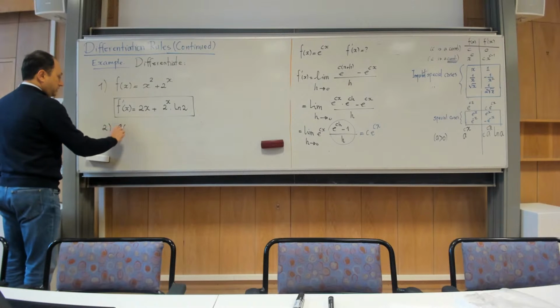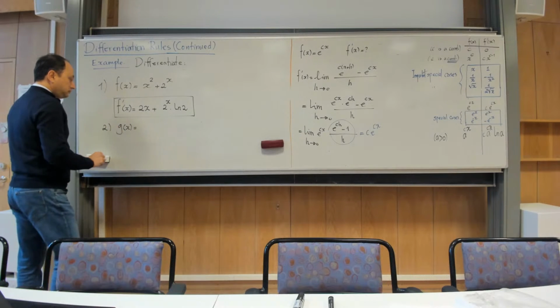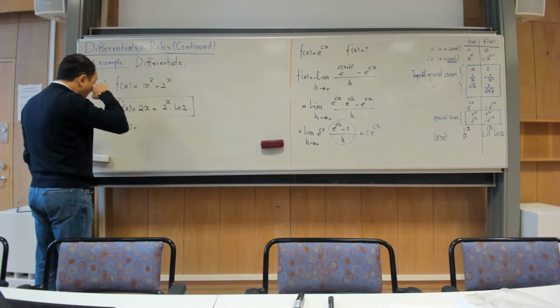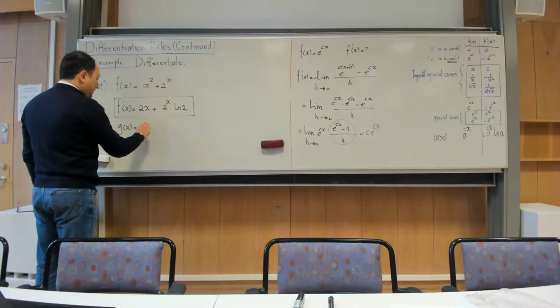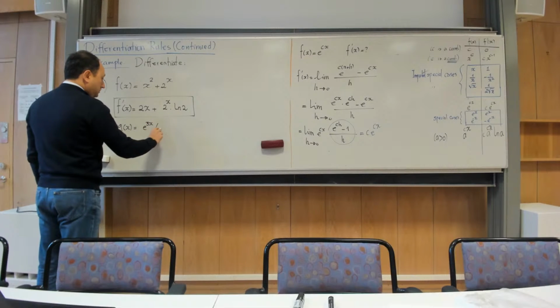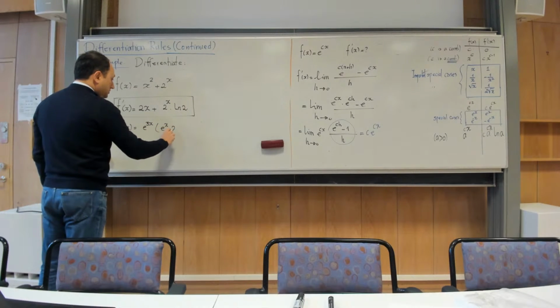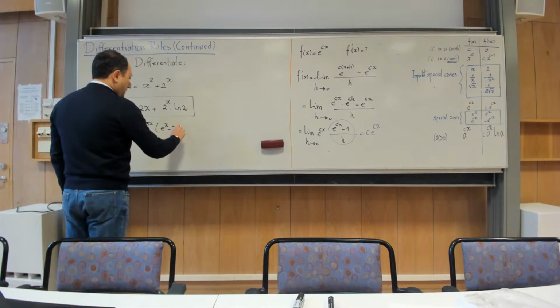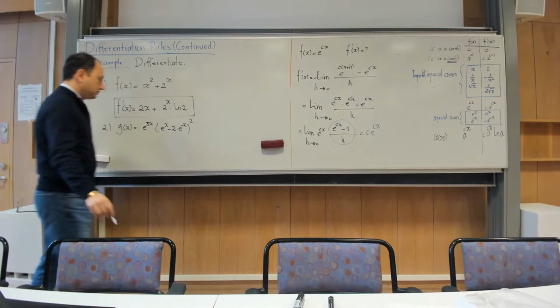Say g(x) is equal to e to the power 3x multiplied by (e to the power x minus 2 e to the power minus x) to the power 2.